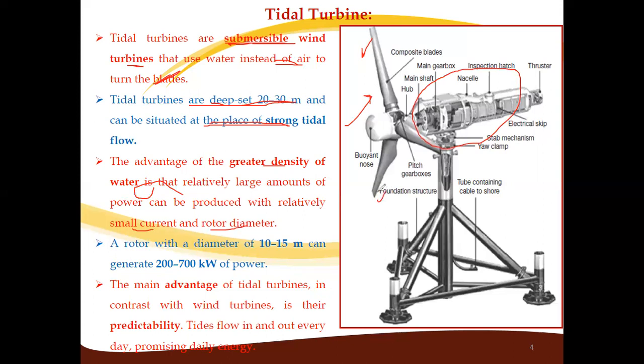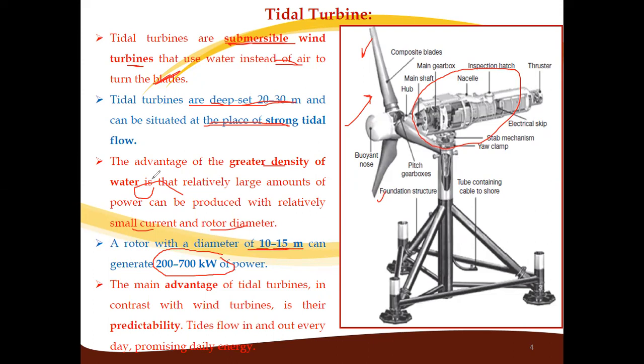For example, a rotor with a diameter of 10 to 15 meters can generate 200 to 700 kilowatts of power. So a very small diameter rotor can generate large power because of the greater density of water.